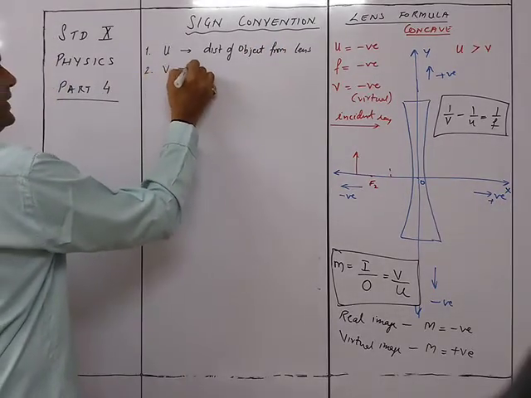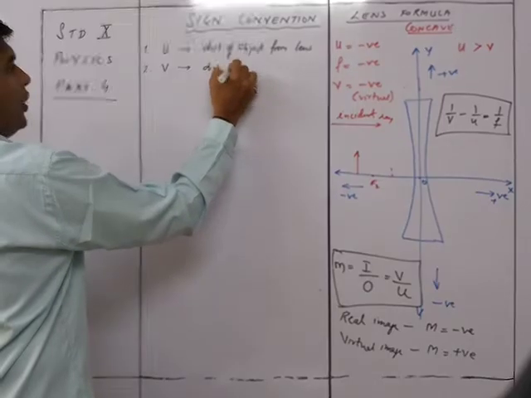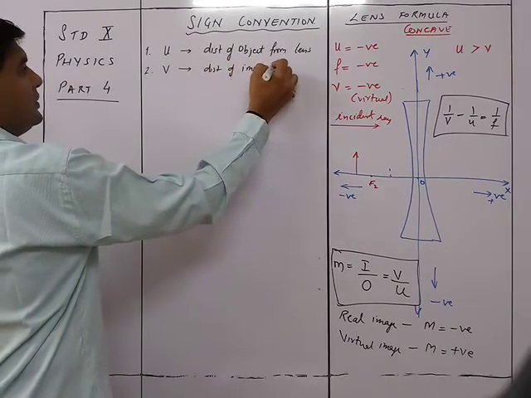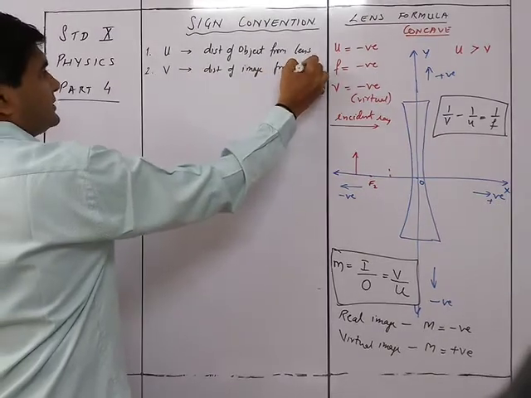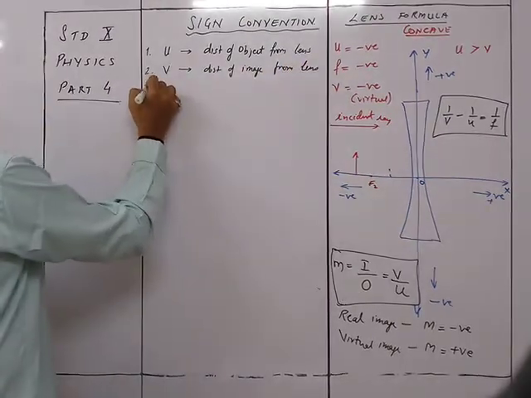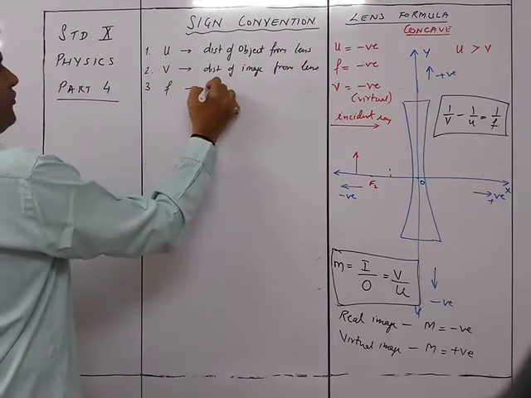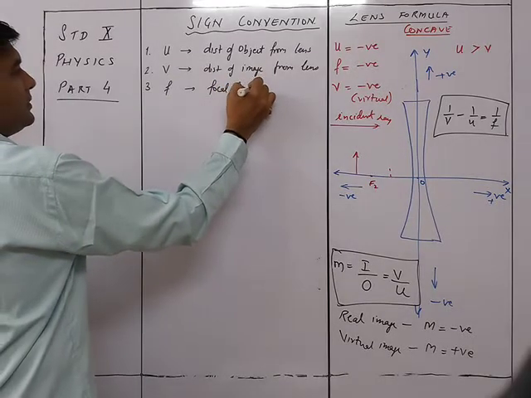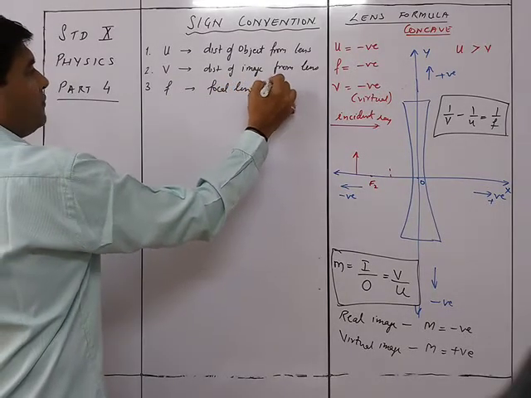Two, V is the distance of image from lens. Three, F is the focal length of lens.